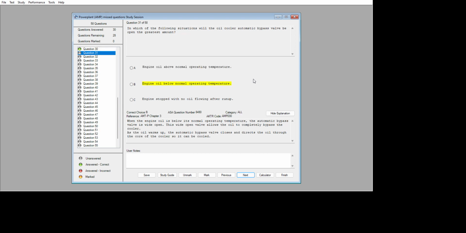In which of the following situations will the oil cooler automatic bypass valve be open the greatest amount? Engine oil below normal operating temperature. When the engine oil is below its normal operating temperature, the automatic bypass valve is wide open.